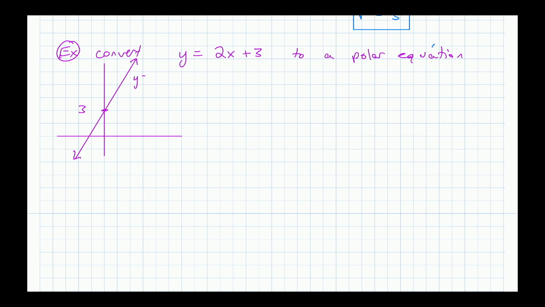So there's your y equals 2x plus 3. Now, things that are not in a circle around the origin, like this straight line, are not related to the angle.